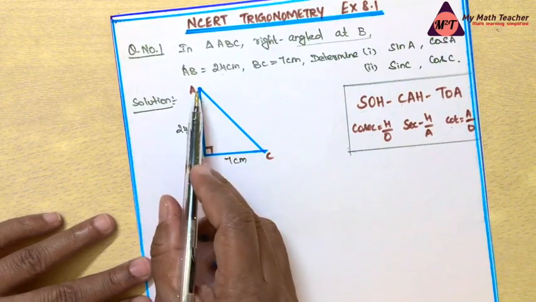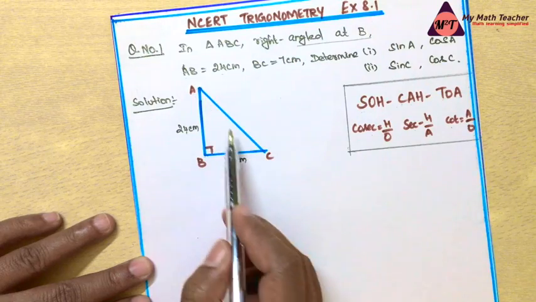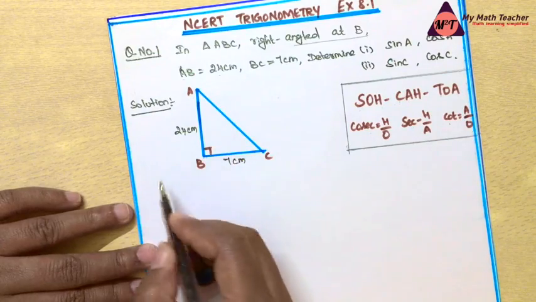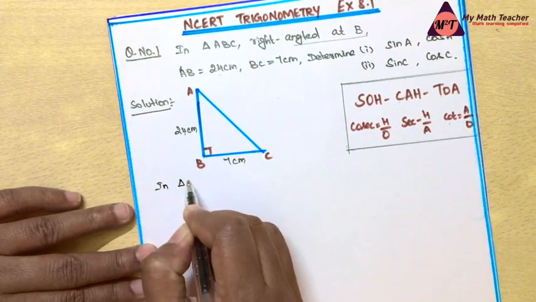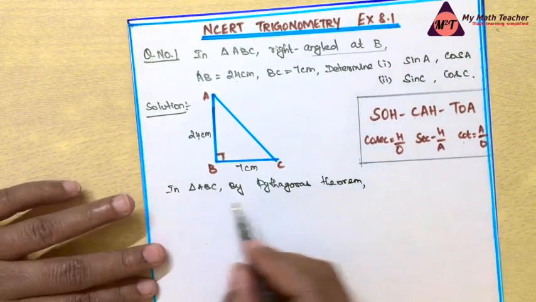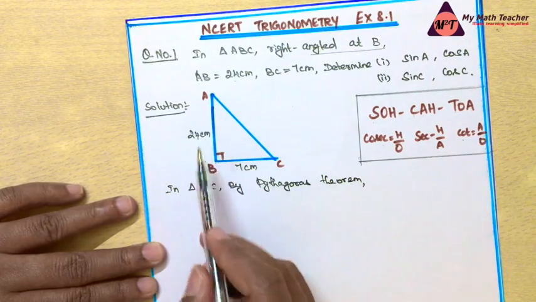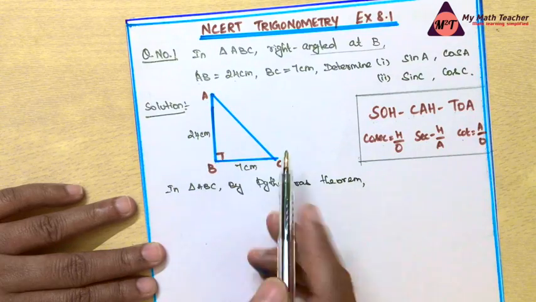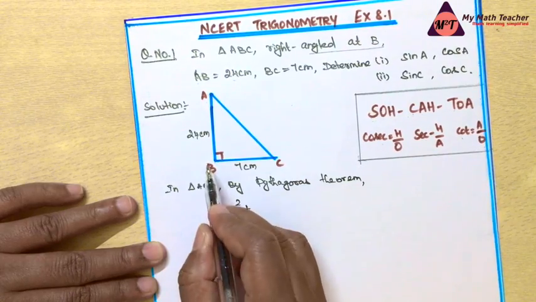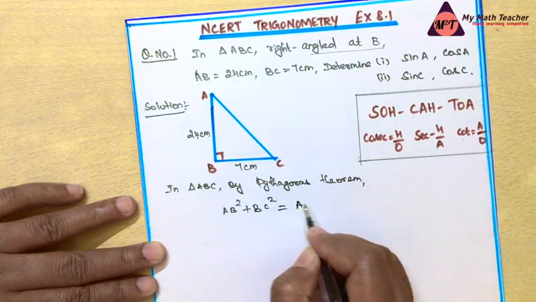The first step is finding the value of the side AC. Here we have to find it using Pythagoras theorem, as we know that very well. So by using Pythagoras theorem, in triangle ABC, as we know, hypotenuse square is equal to the sum of the squares of the other two sides, that is AB square plus BC square is always equal to hypotenuse square, AC square.